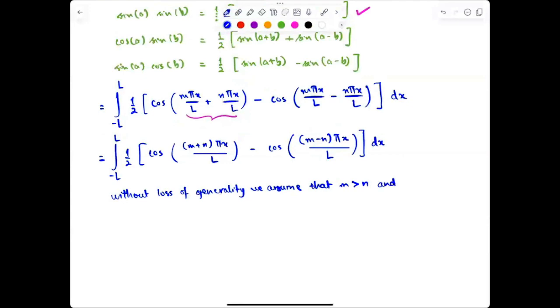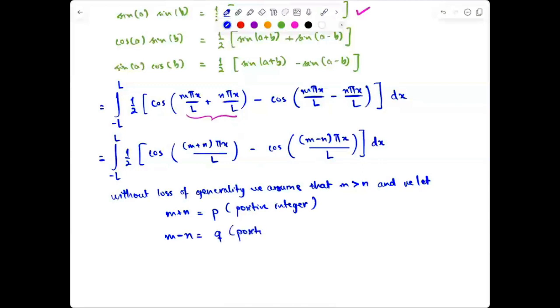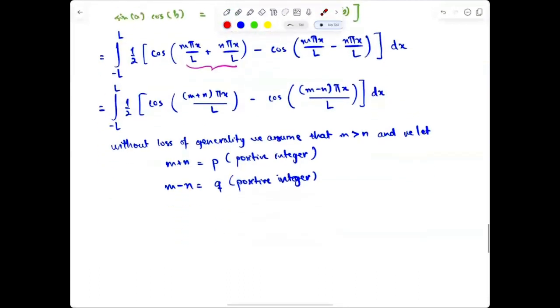And we let m plus n equal some p, for p a positive integer, and m minus n equal to q, for q a positive integer. We know that q is a positive integer because of the assumption we just made, that m is greater than n.